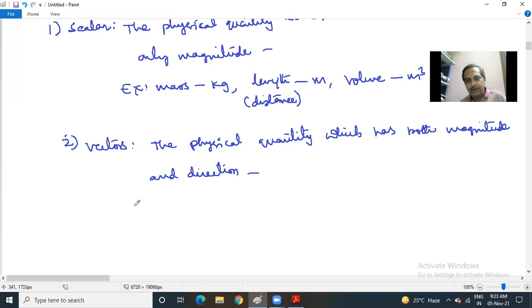Right. Let me give you an example. The first example is displacement, where direction plays an important role. Suppose you have invited your friend to come to your home to attend a function, and your friend has a problem reaching the location.